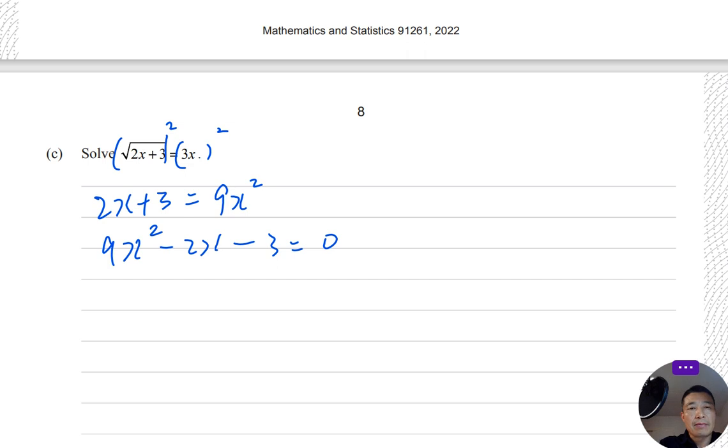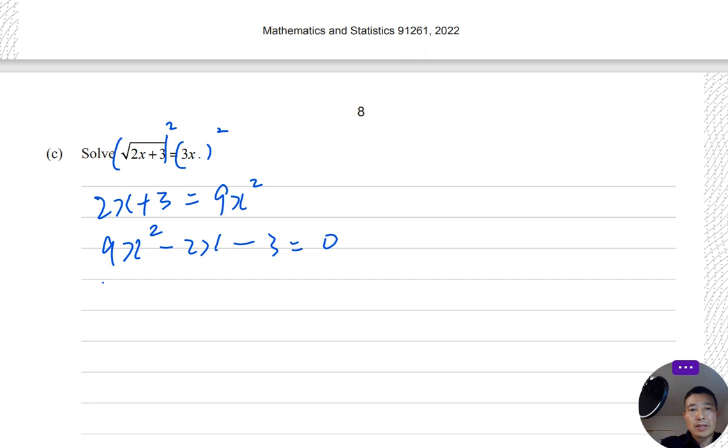Rearranging it. To factorize this, what makes 9? 3, 3, 3, 1. No. Not sure whether I can factorize this. No way. So I believe I have to use the quadratic formula. Now, I'll give you a hint.